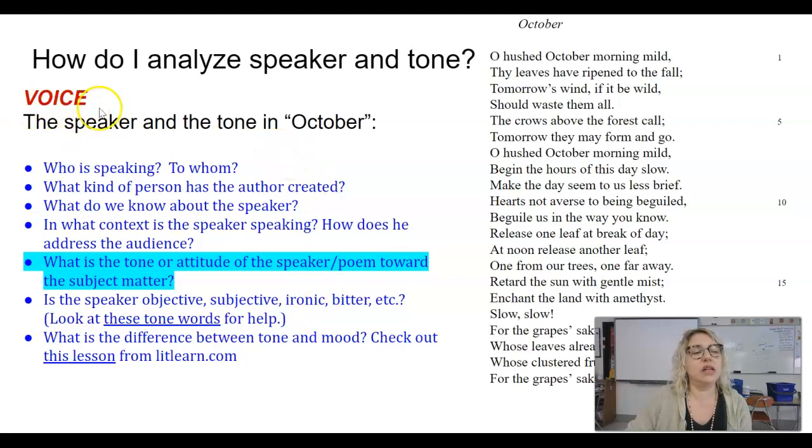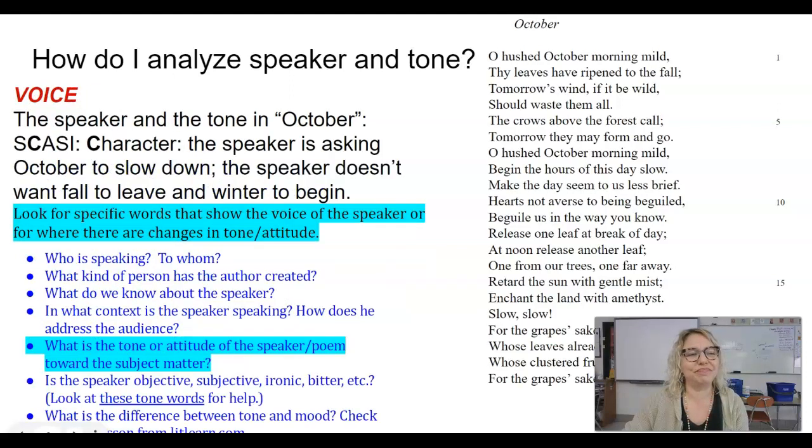Instead, jot down this, the fact that the voice is key when we're analyzing speaker and tone. We want to try to find the lines where you feel like you can really hear the attitude, the way the speaker feels behind the words. So the tone or attitude is crucial when we are looking at the voice and speaker and tone.